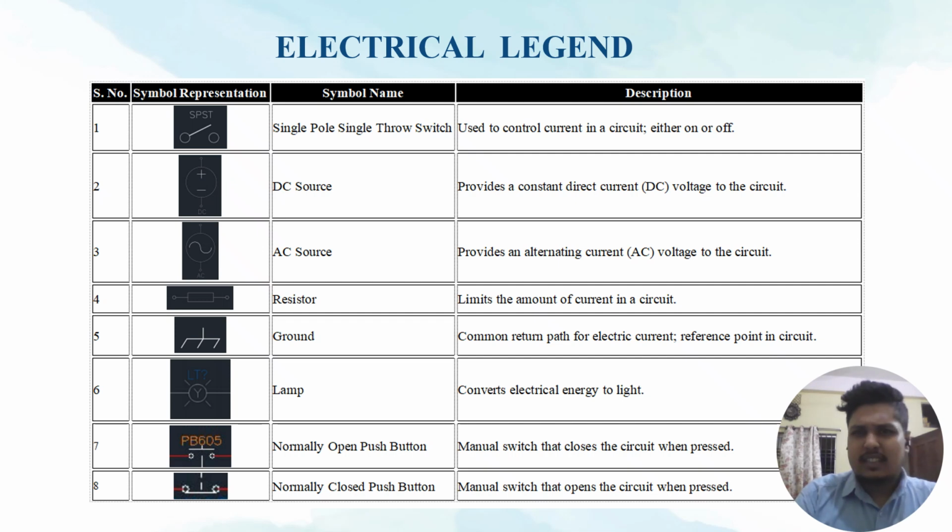Using standardized legends ensures that the design is universally understandable, not just by us, but also by engineers, constructors, and site technicians as well. These symbols follow international and BNBC standards, which improves coordination and reduces confusion during construction or maintenance as well.